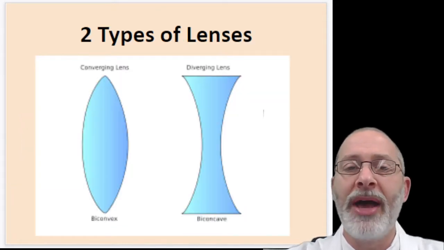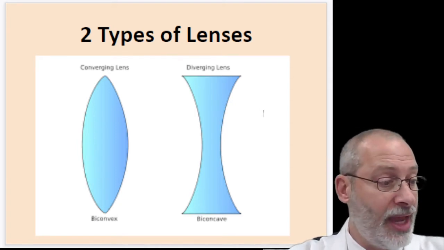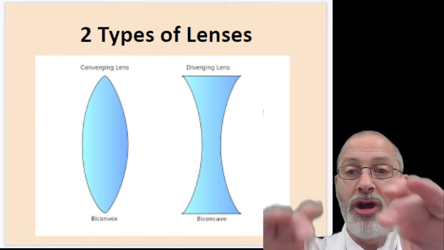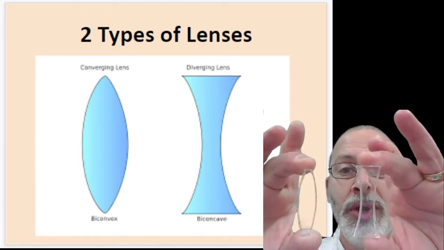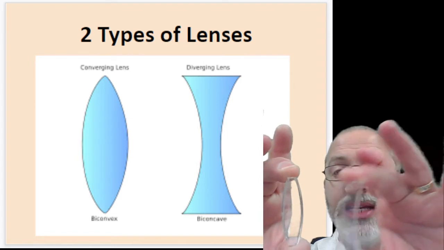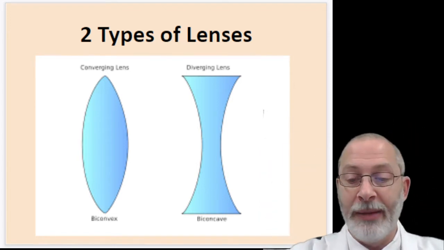So we're going to talk about two types of lenses, and I'm going to demonstrate for you the cross sections of these two types of lenses. One is a converging lens and one is a diverging lens, but we are going to attach different names to them.